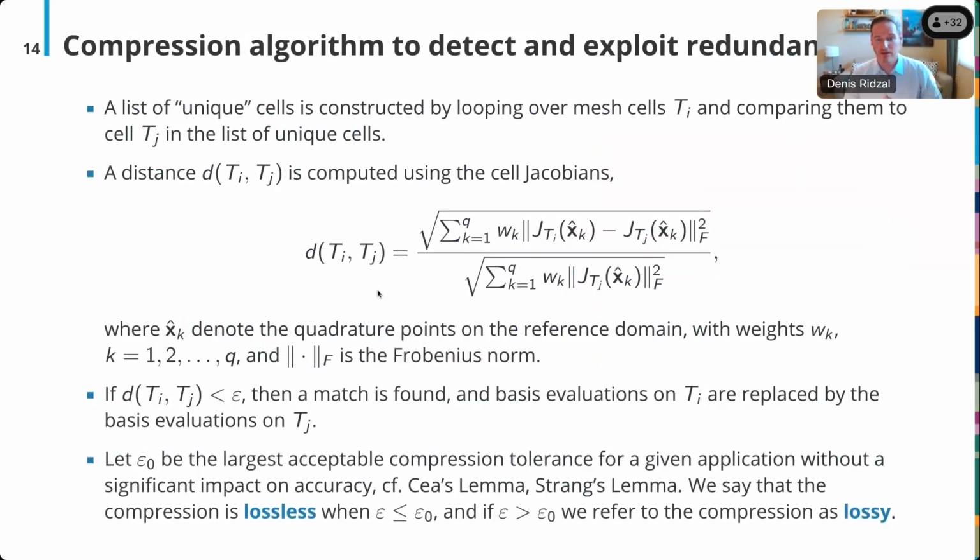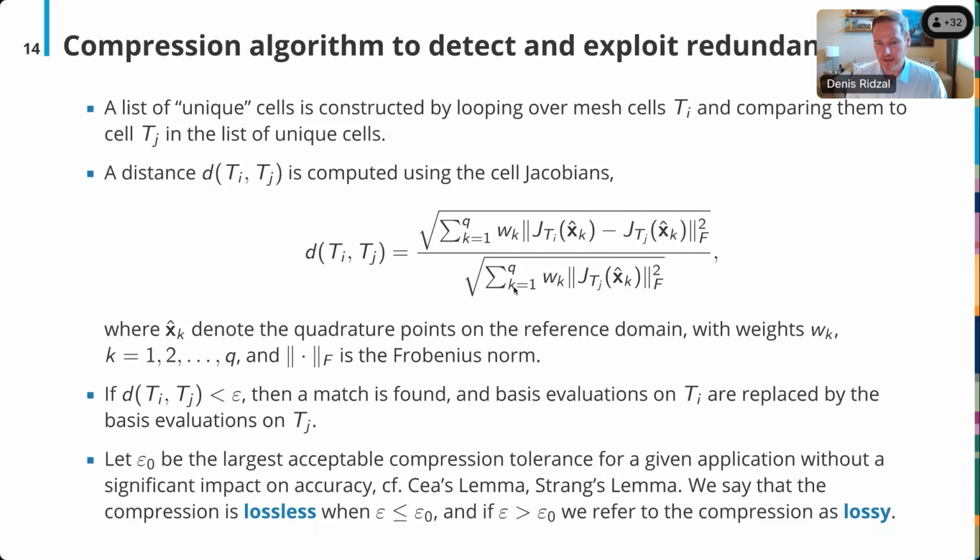Now let's talk about the compression algorithm. So what we do is construct a list of unique cells by looping over all mesh cells Ti and comparing to cell Tj in the list of unique cells that we already built. The distance between cells is computed based on the cell Jacobians. And here is the formula. For the distance, we use the Frobenius norm and compute these differences between Jacobians.